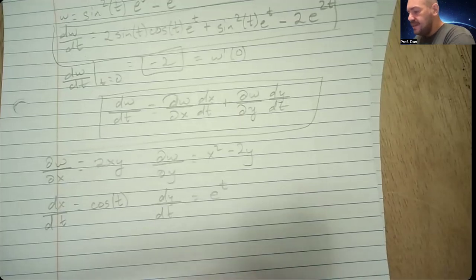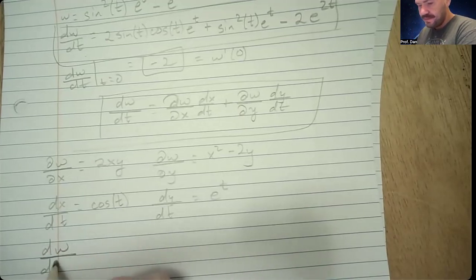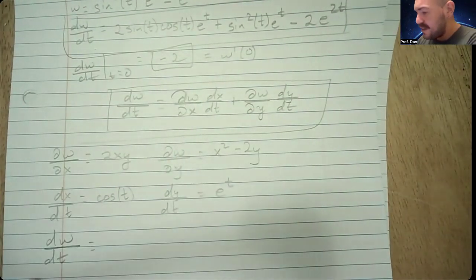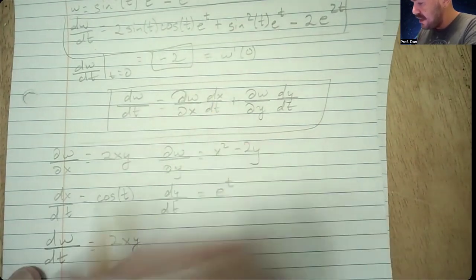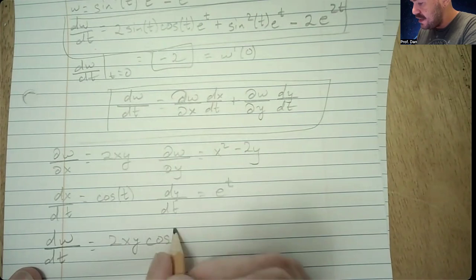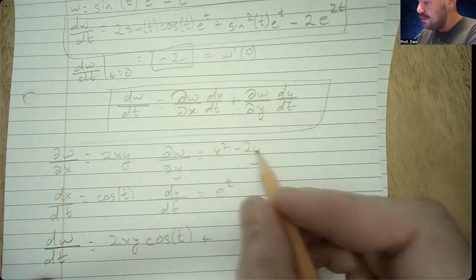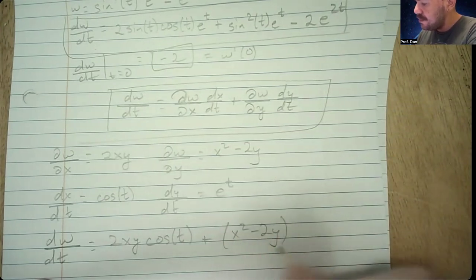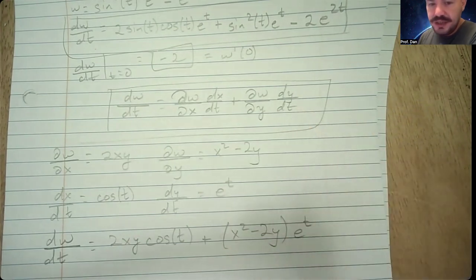So dw dt would be equal to partial with respect to x, 2xy, multiplied by dx dt, cosine of t, plus partial with respect to y, which I'm going to put in parentheses because it has two terms, times dy dt, which is e to the t.